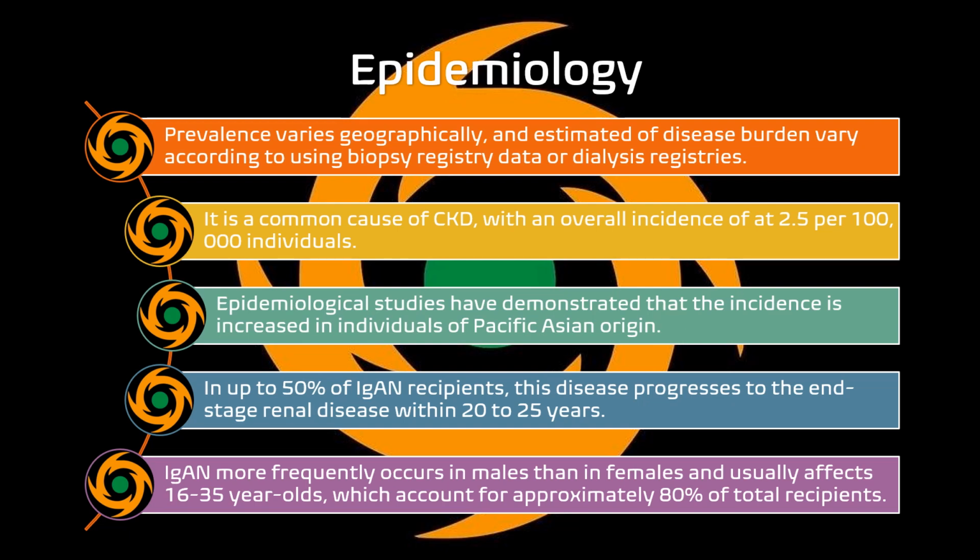IgAN more frequently occurs in males than in females, and usually affects those in the age range between 16 and 35 years, which accounts for approximately 80% of total recipients.